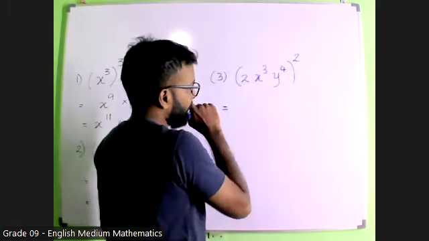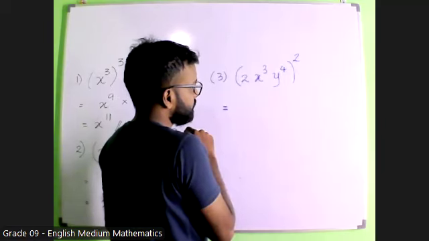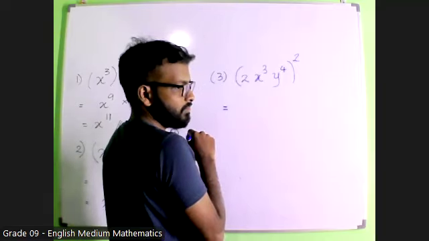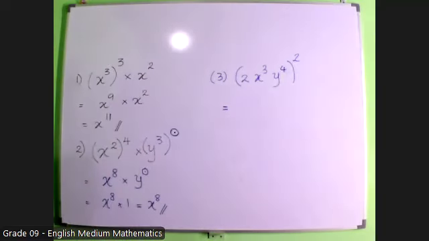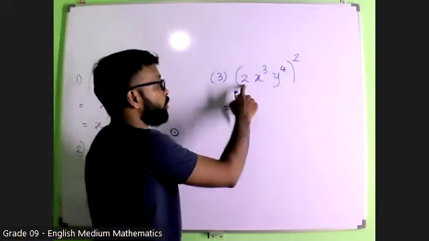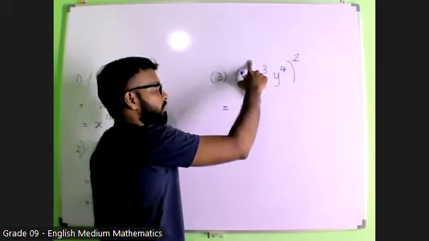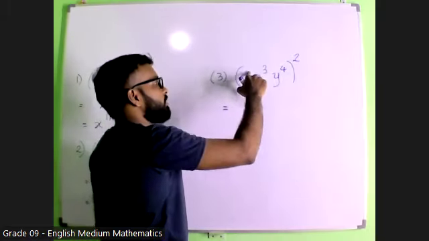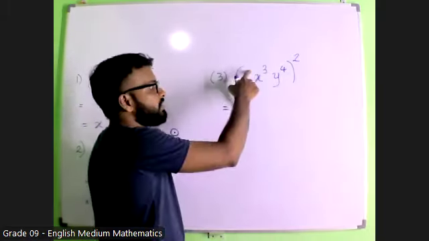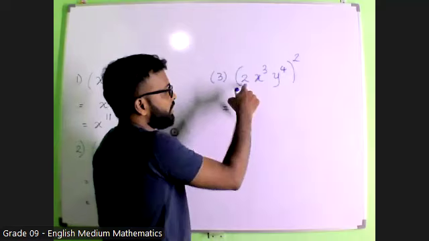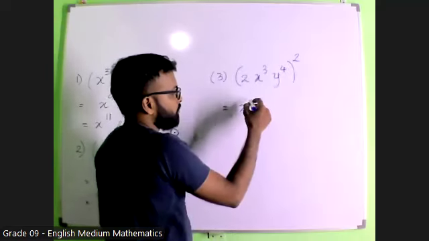That means 2 to the power 2, x to the power 3 times 2, y to the power 4 times 2. Here you have 1 as the power of 2, because nothing is written there, so you can write 1 times 2, which is 2 to the power 2.